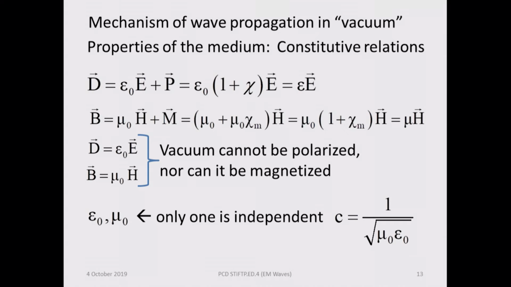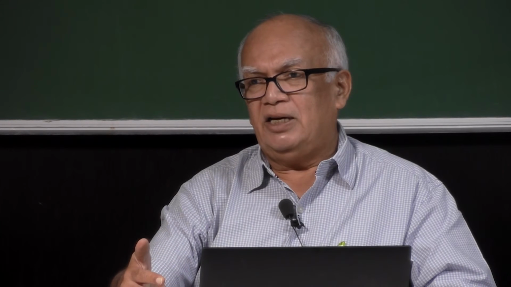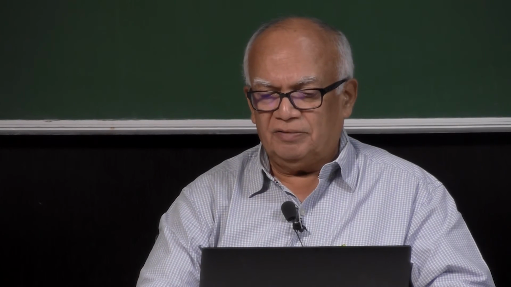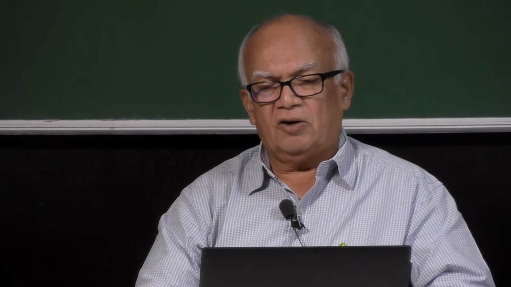So now the question is, how does energy propagate? What is the mechanism? Okay? Now you have to remember that C is a fundamental constant. So between mu 0 and epsilon 0, there is only one which is independent, because the other is automatically determined by the fundamental constant of nature, which is the speed of light.